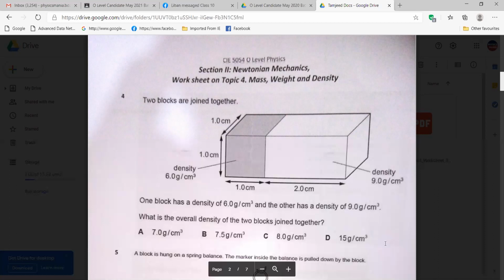So total mass you got, and total volume, 3. 24 divided by 3, so 8. 8 is the density. Okay. Got it. C, right? You gave a question mark, right?